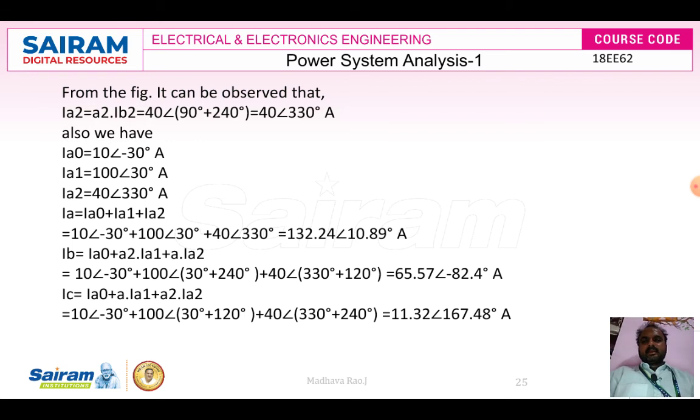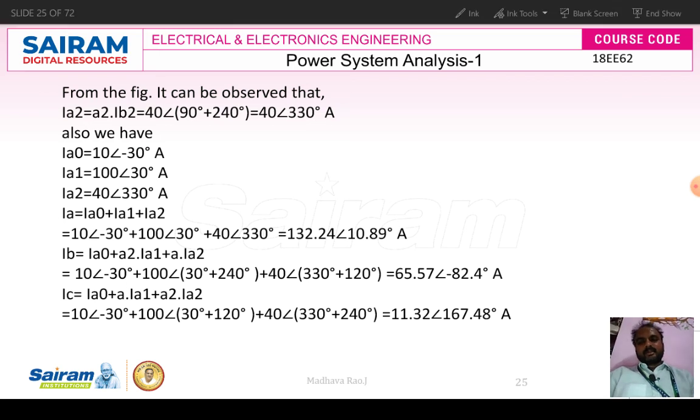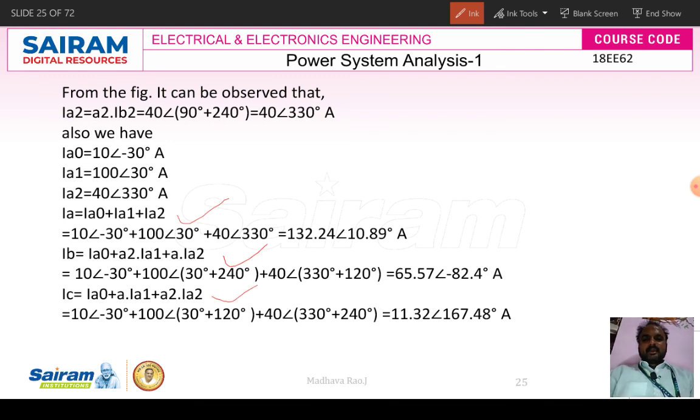So here IA2 is related to IB2, and IA0 is equal to IC0. We got it. And IA is equal to IA0 plus IA1 plus IA2. So we have a formula to find IA, IB, IC. IA, IB, IC are the line currents.